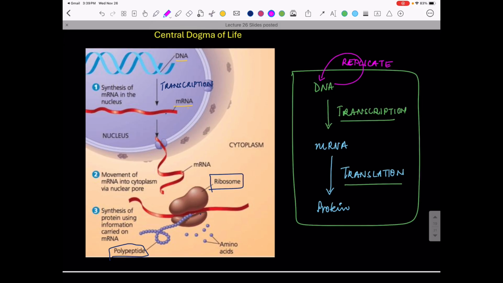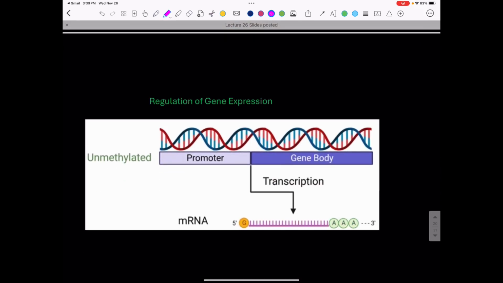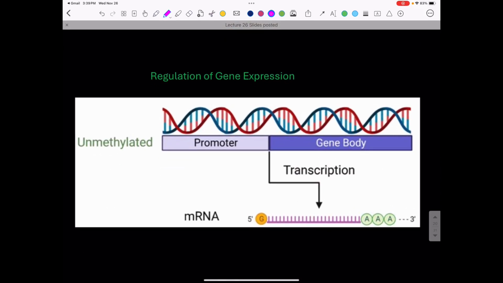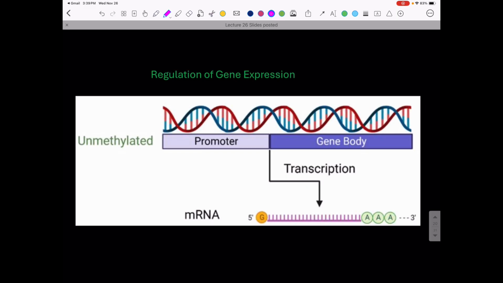So when we have the DNA in the form of genes, each gene has a specific set of DNA sequences that are responsible for recognition, and then each sequence which codes for a particular protein is going to be the one which is translated.